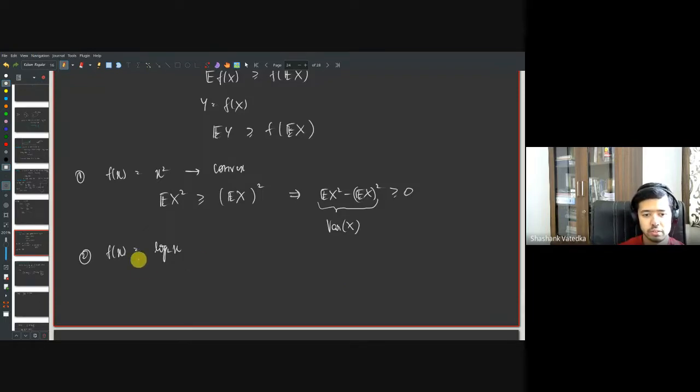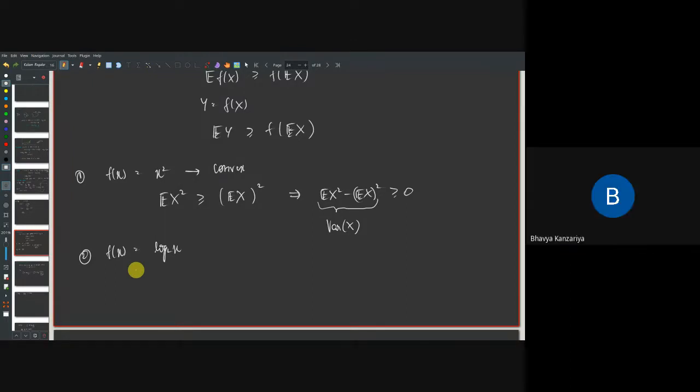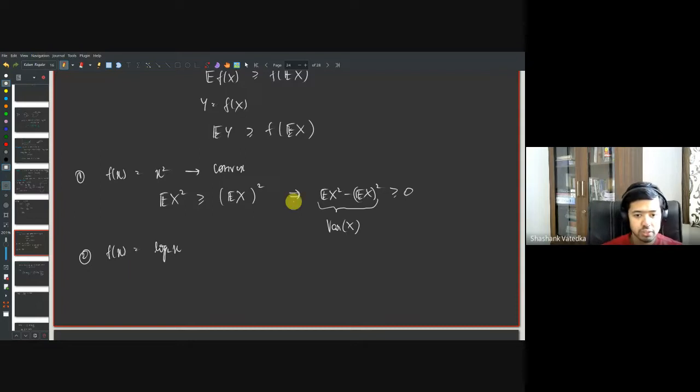Now let's look at another example, log x. So is log x convex? It's not, but what we do know is that it is concave, right? So minus log x is convex, right?